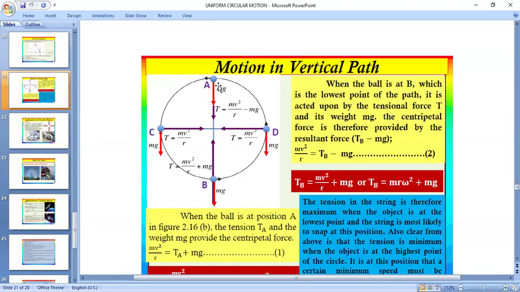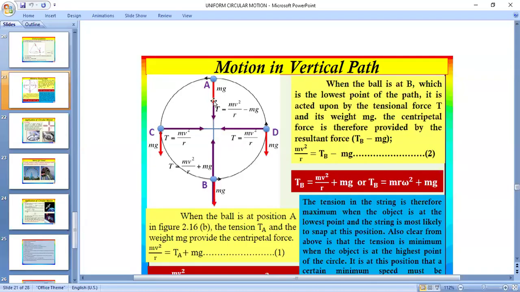Now, at point A is where we have the rope. The rope can become loose. In other words, it may not be straight, tight or taut. We have to revolve it at a certain minimum velocity. So anything that is lower than that velocity, then the stone is going to collapse.